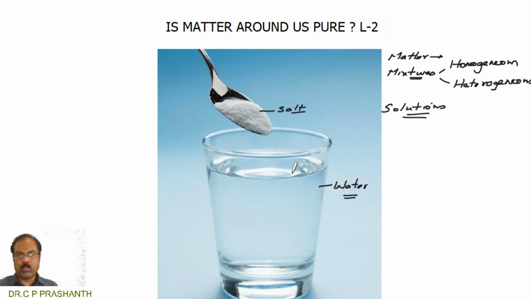So this will give you a salt solution. This is called homogeneous because the composition of the solution will remain the same in every part of the solution, which means the salt we put, or sodium chloride we put, will get evenly distributed in the solution.